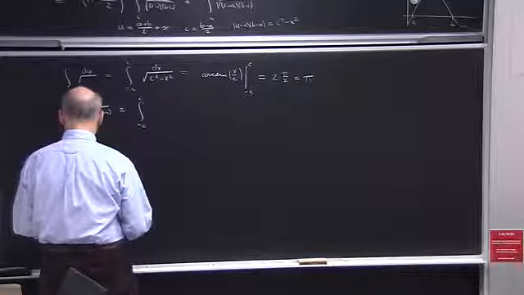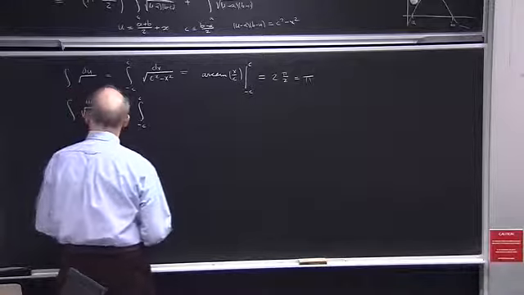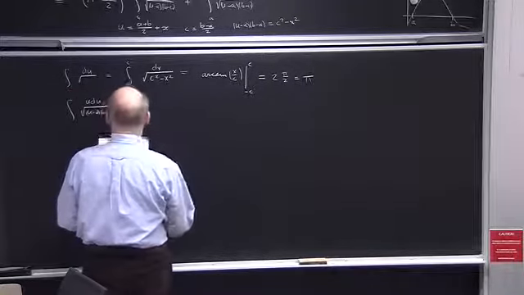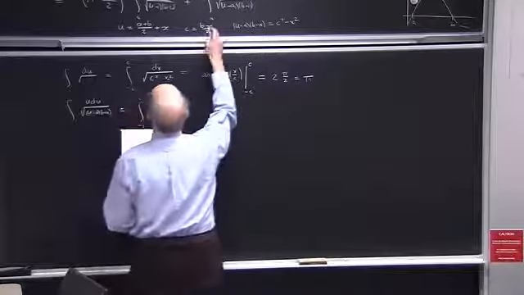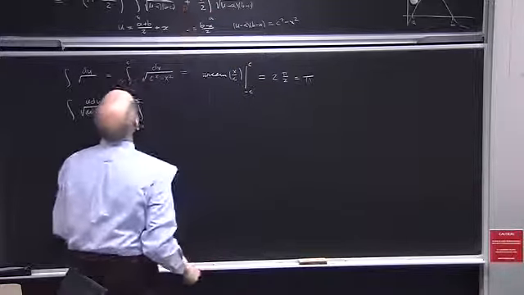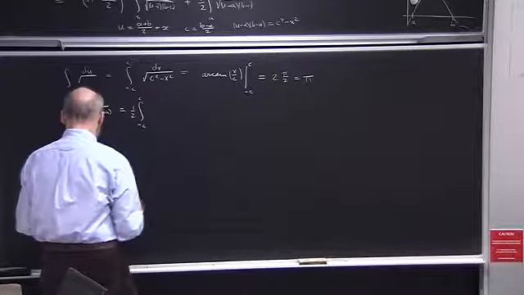Oops, what am I doing here? Why do I have a half here? Oh, there was a half, inherited from the line above. So there's supposed to be a half.